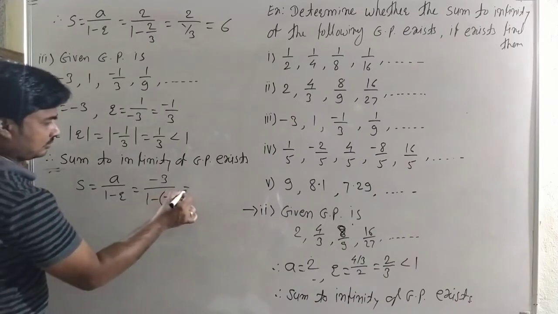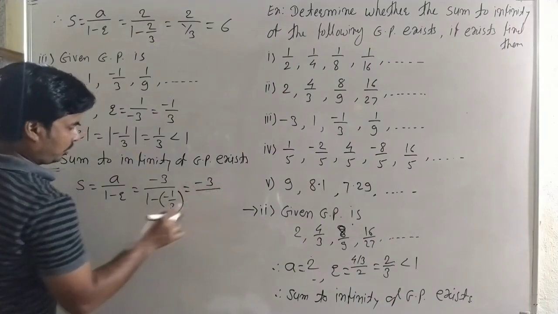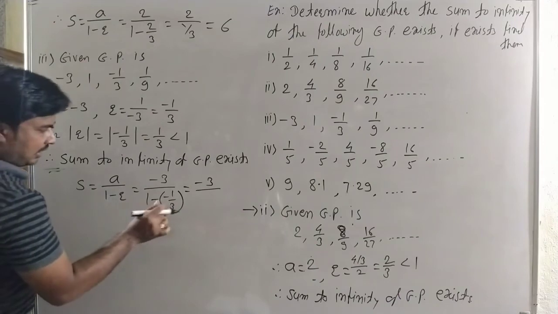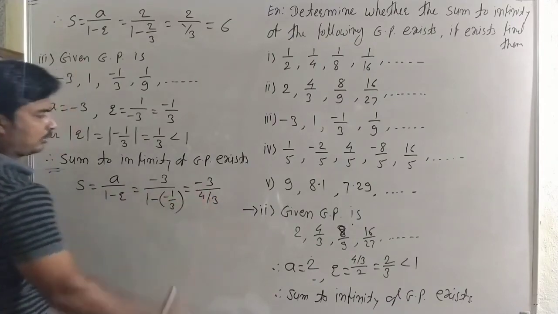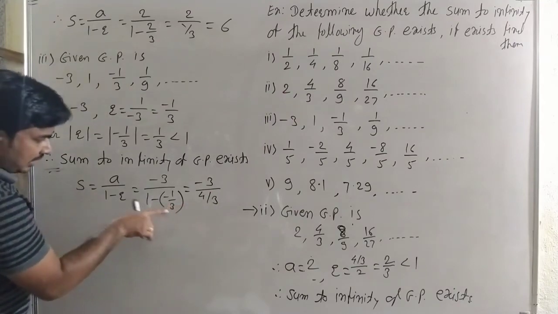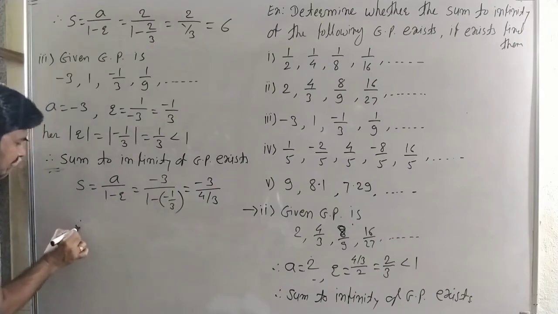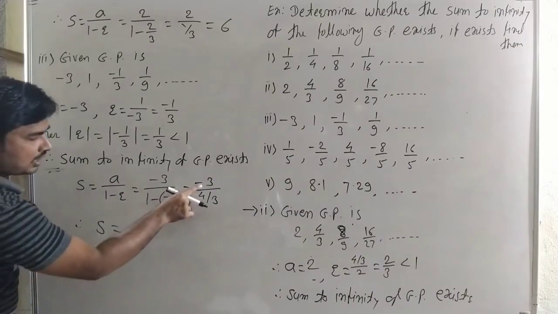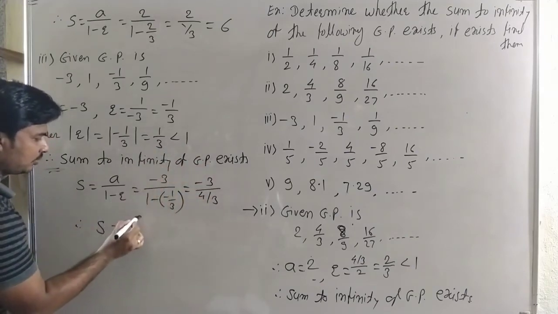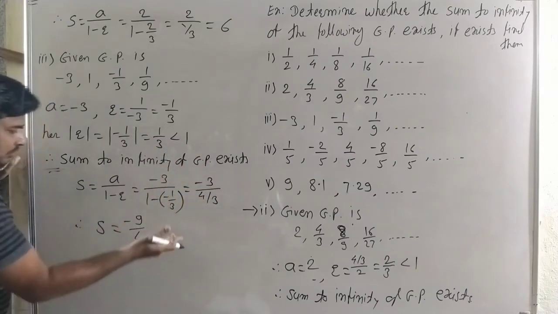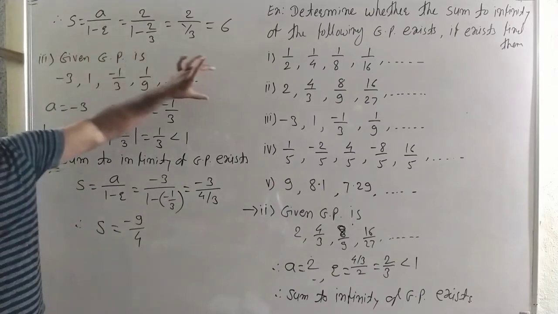Therefore it is -3 upon, here it is 3 plus 1, that means 4/3. Minus minus becomes plus, so 3 plus 1 is 4/3, and therefore S is -3 upon 4/3. This 3 goes to the numerator, therefore it is -9/4. It is the sum of the infinite terms of this geometric progression.